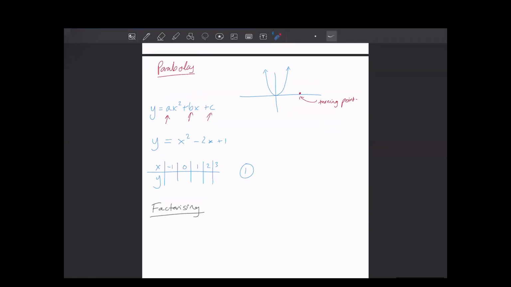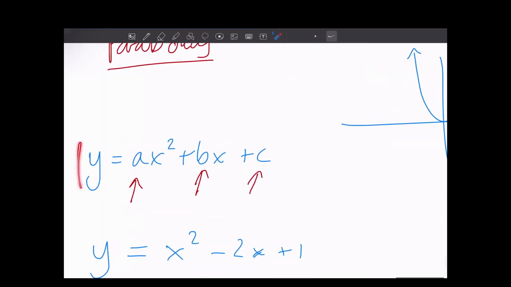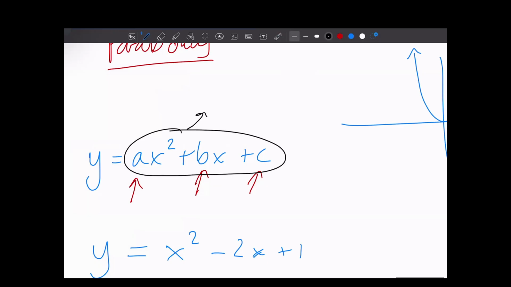To clarify, this is already a quadratic. What we have here is a quadratic equation already. Quadratic simply means anything with a squared term.